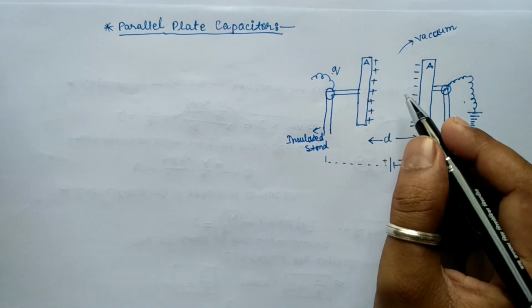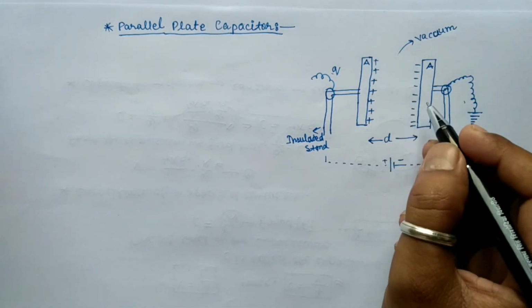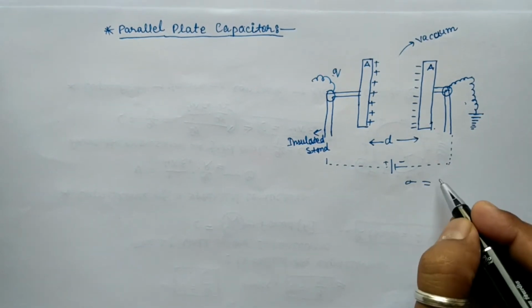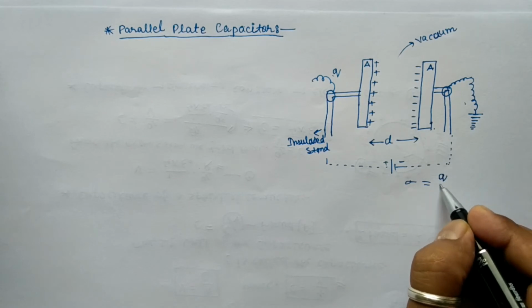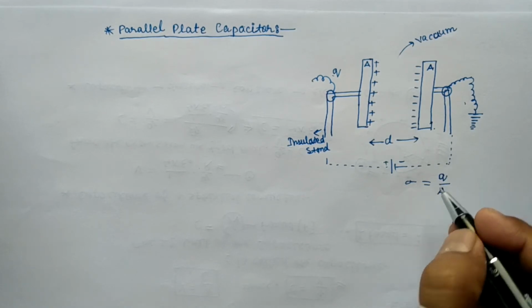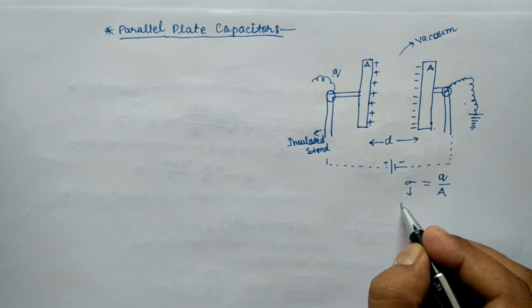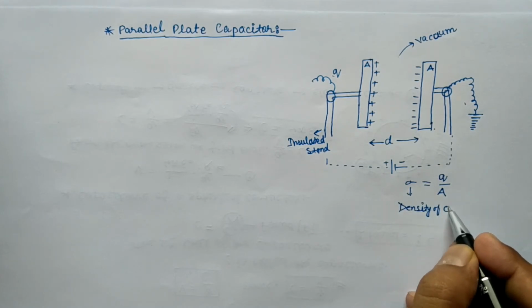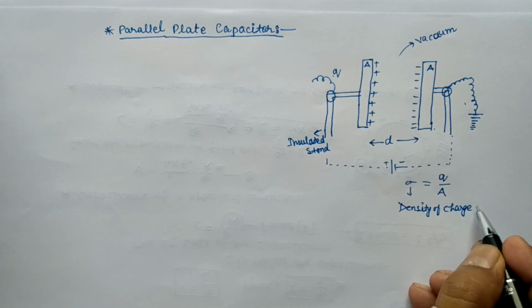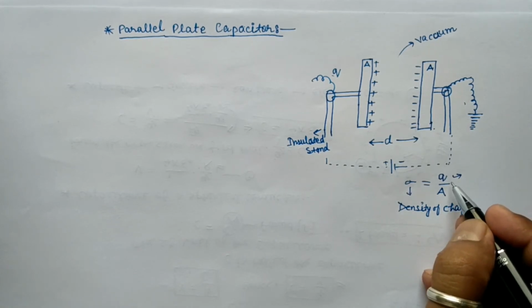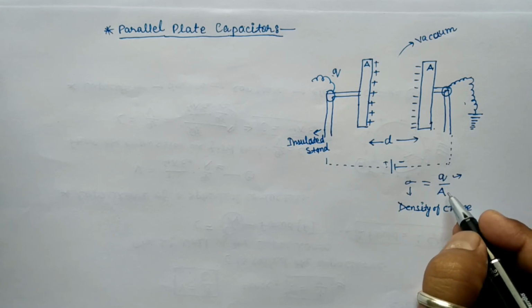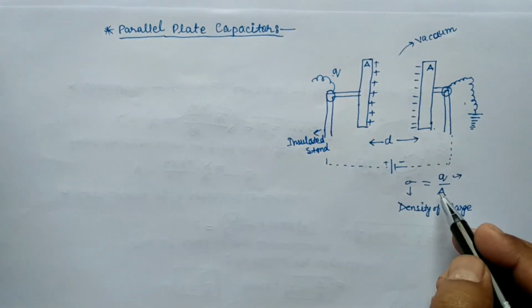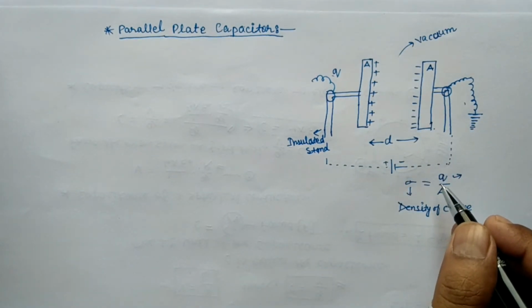The charge density on each of these surfaces has a magnitude sigma is equal to Q by A, known as density of charge. Magnitude of charge present in unit area of the plate, sigma is equal to Q by A.